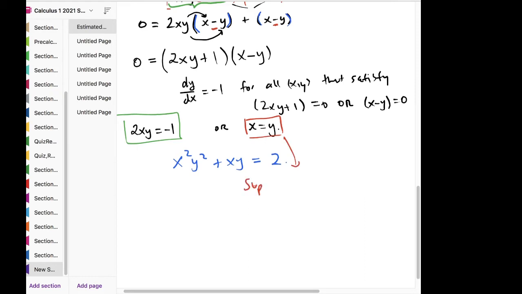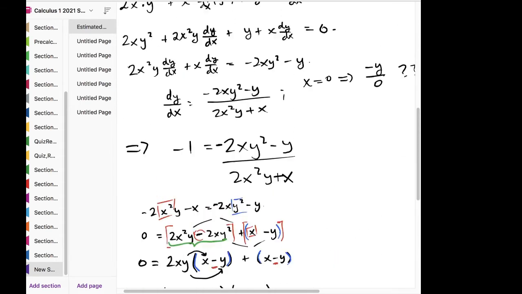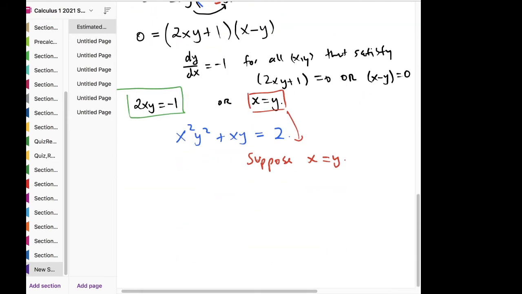Suppose x is equal to y. What equation do you get when x is equal to y? So in the graph, what are all points where x is equal to y? That's what it's asking.